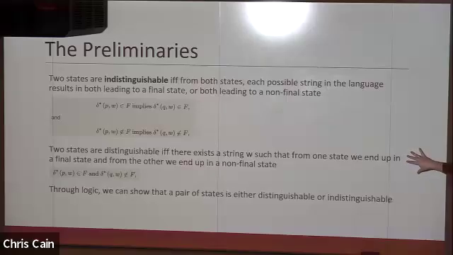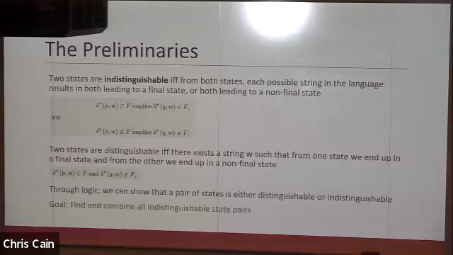And since we did not gather that evidence and the algorithm terminated, everything that wasn't shown to be distinguishable at this point must be indistinguishable. So we're not going to tackle it from the infinite number of strings side. We're going to tackle it from the side that if they were distinguishable, we would have been able to show it by now.